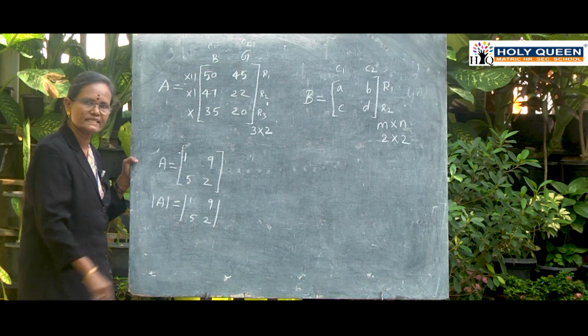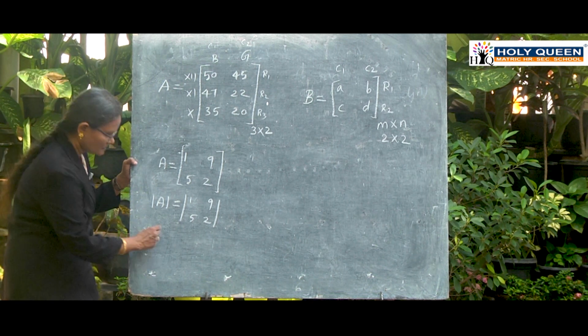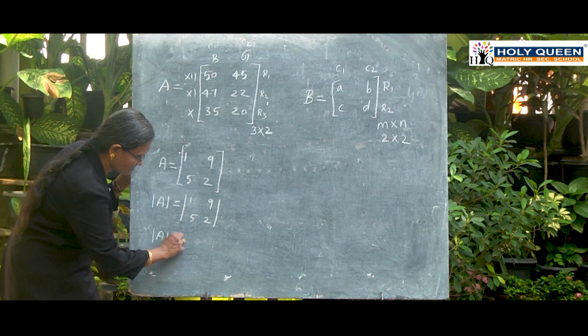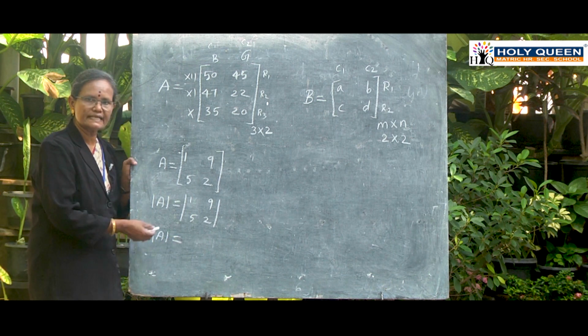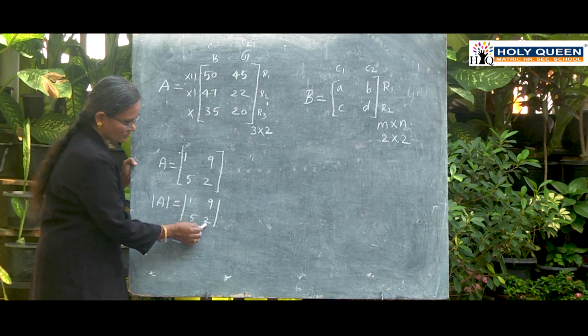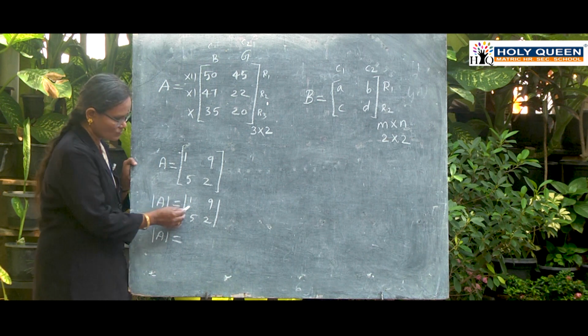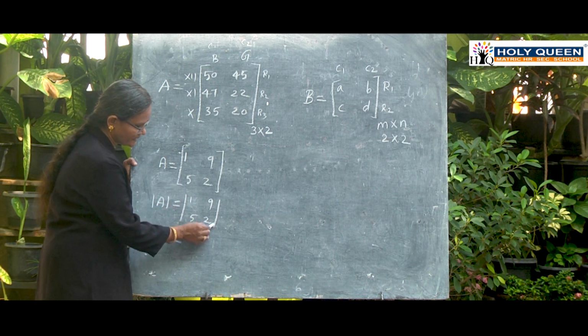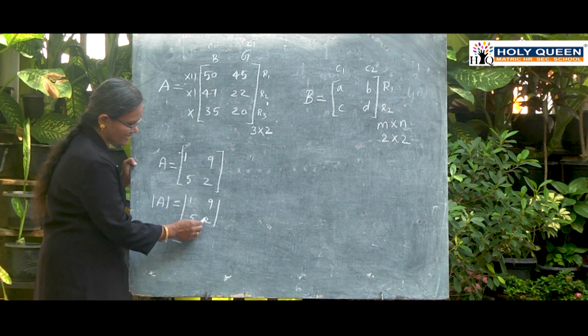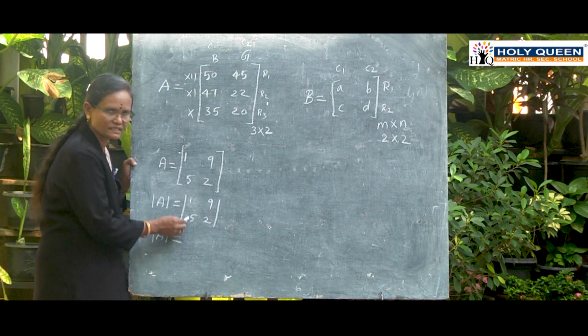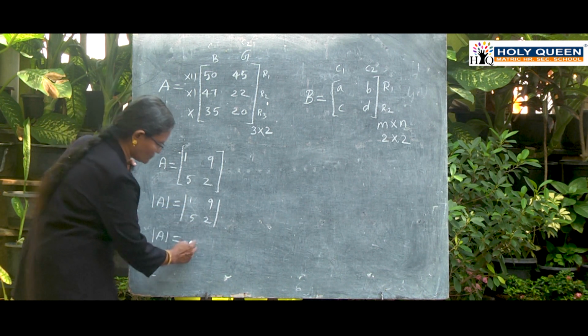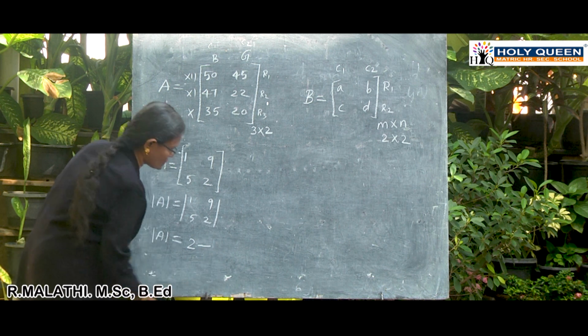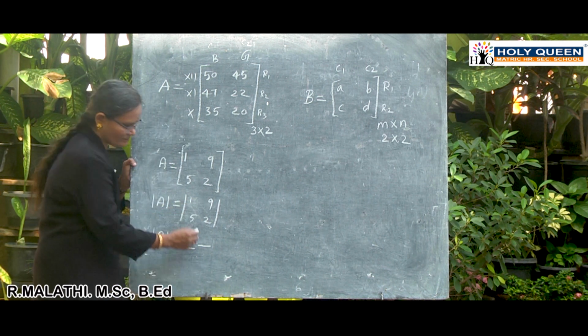Then how can we find out the value of the determinant? The value of the determinant is the product of the leading diagonal elements, minus the product of the other diagonal elements. 1 into 2 is 2, then minus 9 into 5, which is 45.